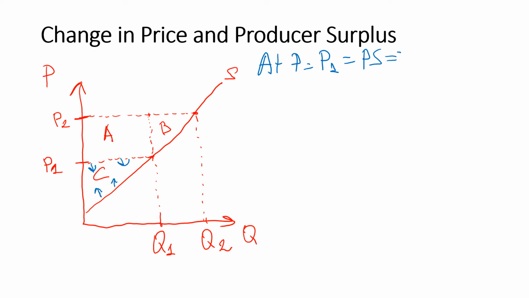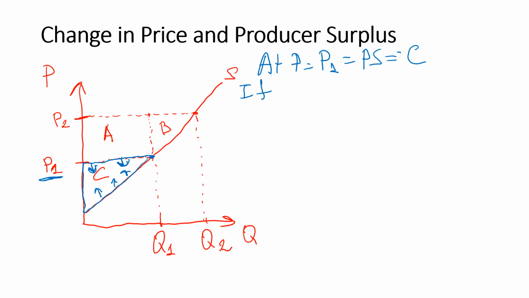Since we're looking at the P1 level, producer surplus is everything below this price. Do you see where the price met with the supply curve? Now I'm going to go along the supply curve and close my triangle along the price line. So everything that is below the price and above the supply curve. Therefore, at price level P1, producer surplus is going to be equal to area C.